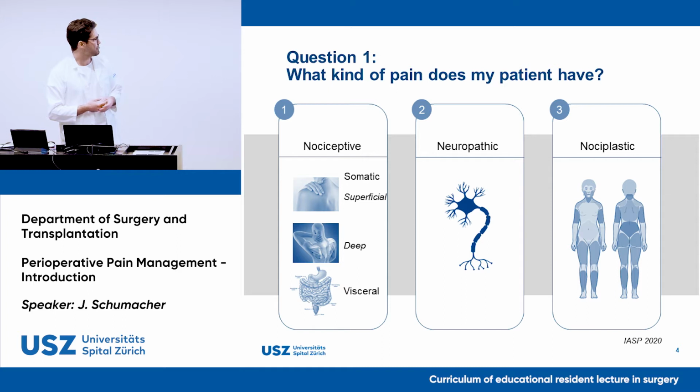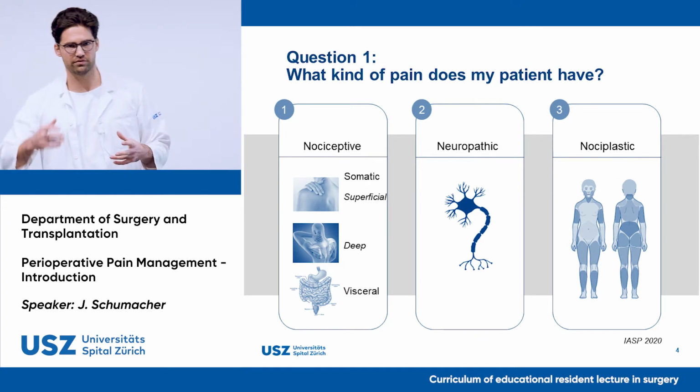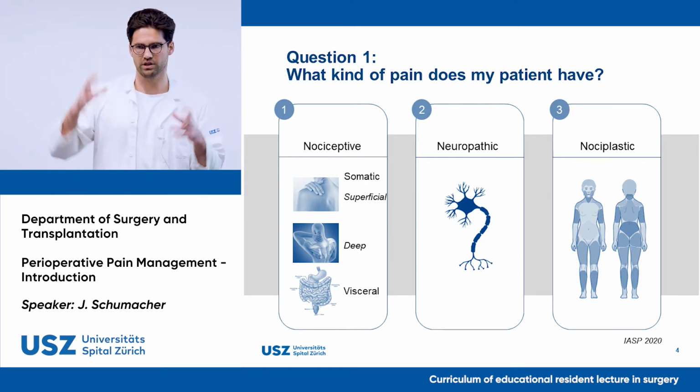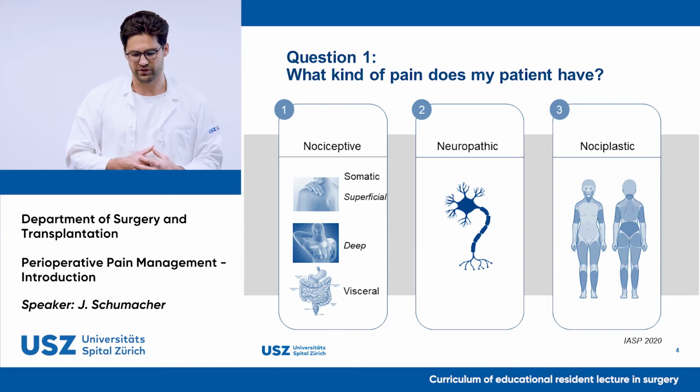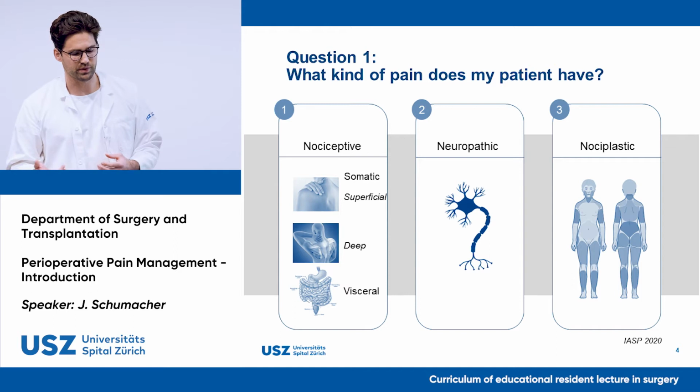On the other side, visceral pain, which comes from our hollow organs and the peritoneum, is transmitted by slow C fibers to several areas in our brain, for example, the limbic system. This underlying physiology explains the manifestation of the pain.